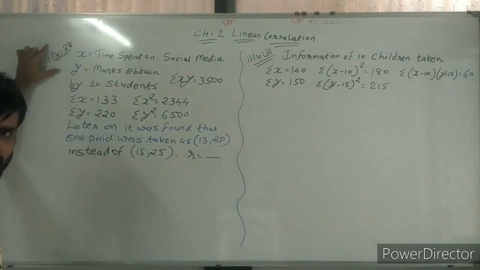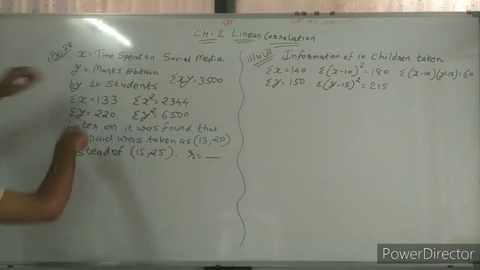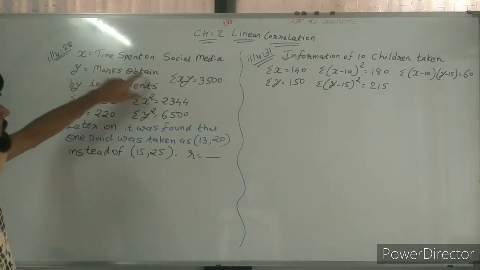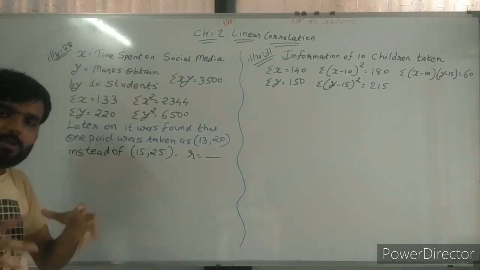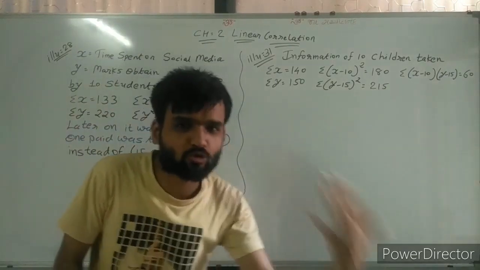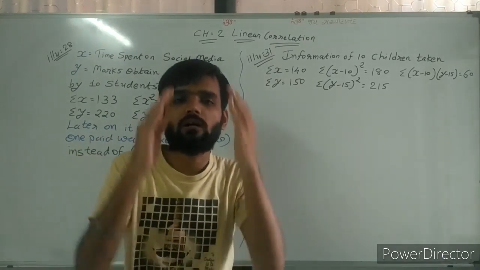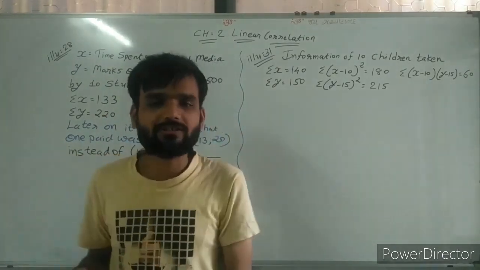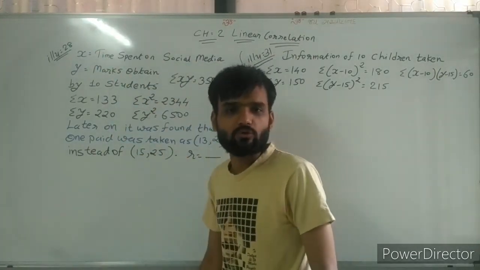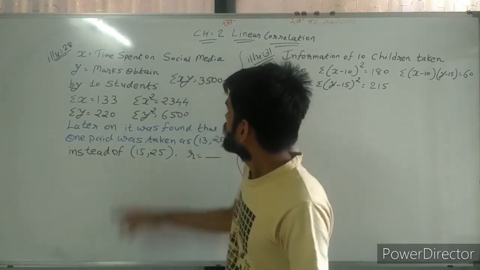Illustration number 28, in which the relation between two variables, time spent on social media X and marks obtained by a student Y, is given. Generally, if you are spending time on social media, you will get fewer marks because you are not concentrating on study, and that's why here we need to find the relation between the two.